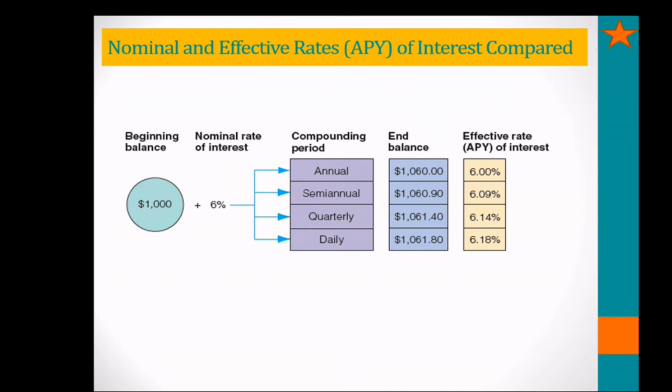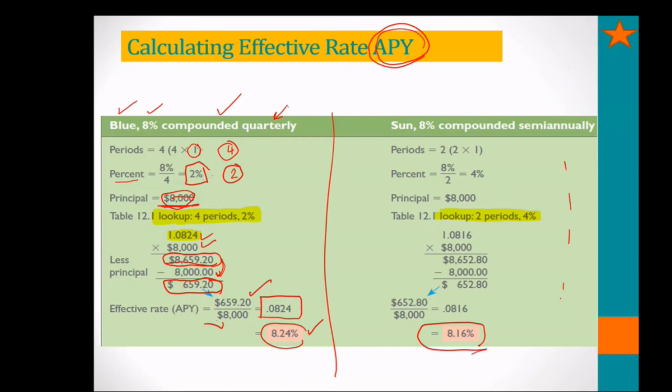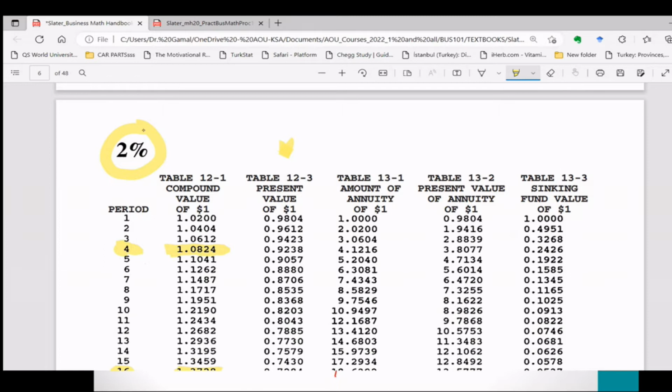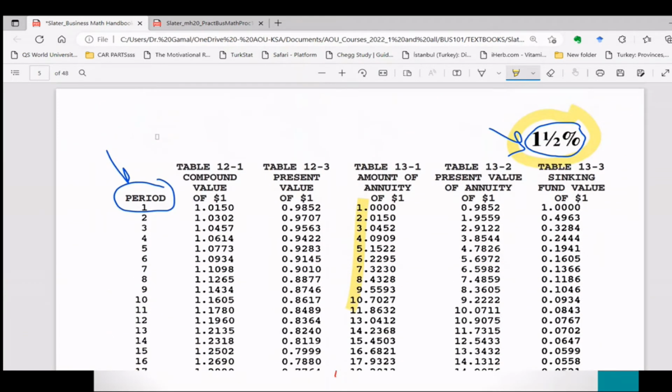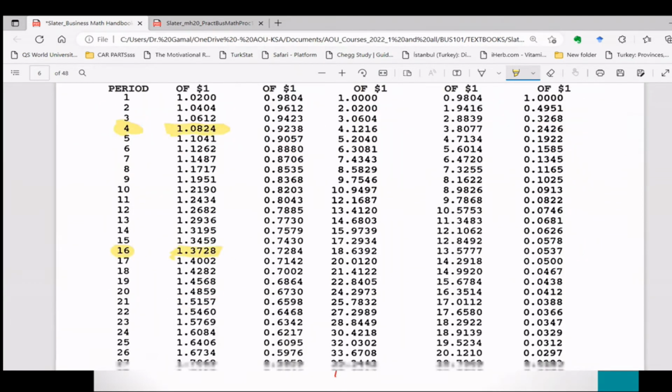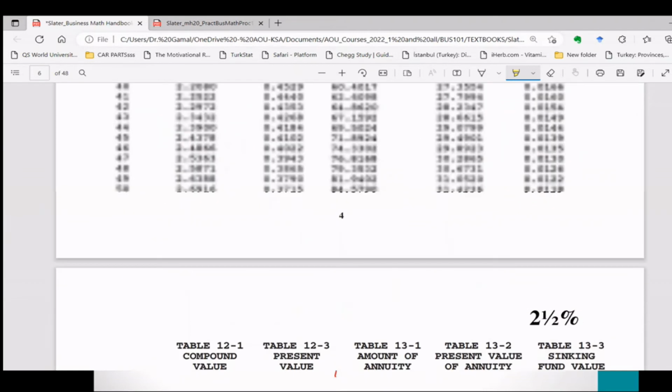Yes. Now we look at the table based on the present value result, which is 2%. 2% rate and 4 periods. First, look at the page of 2%, because each page is a different percentage: 1.5%, 2%, and so on.